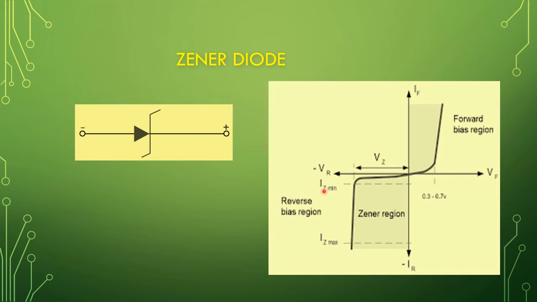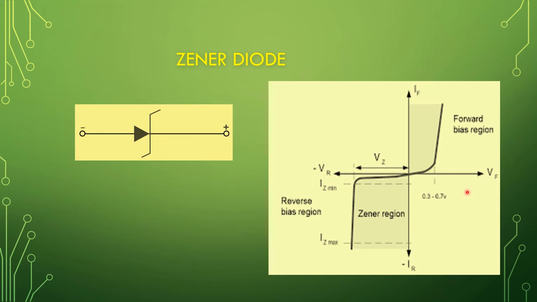This current, which lies beside the knee voltage, is called Iz minimum, and this current is called Iz max, and this region is called the Zener region. This reverse characteristic curve is very important for the Zener diode.